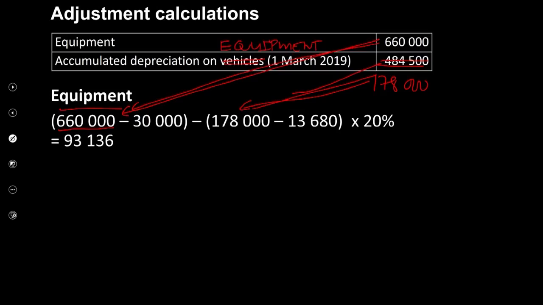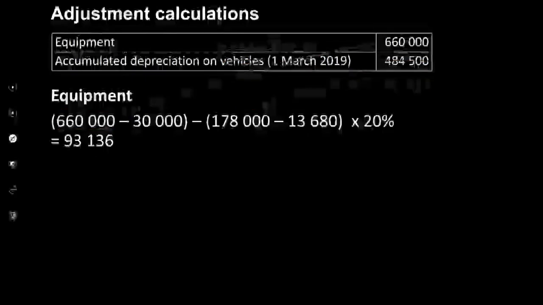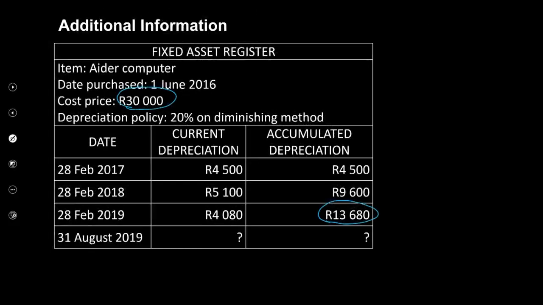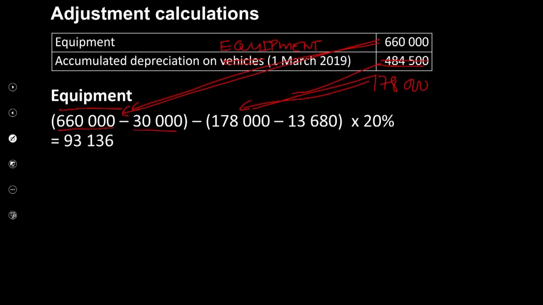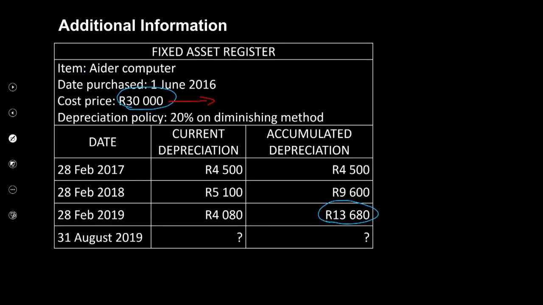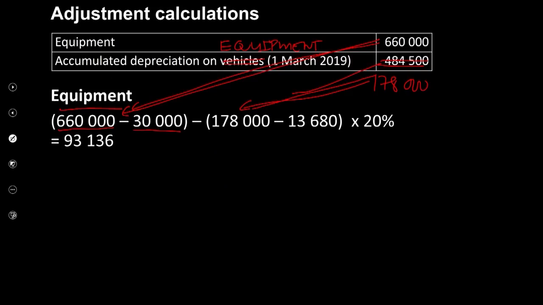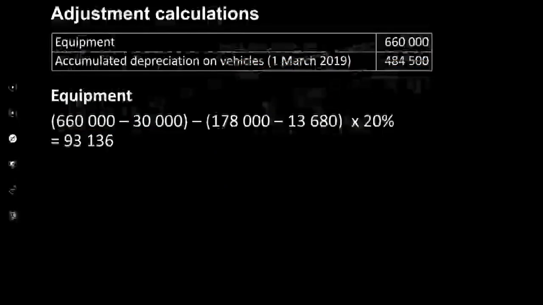There's my 178,000. Right. Now, the asset that I'm disposing of, the equipment, had a cost price of 30,000. Here we go. There's the 30,000. So, in my calculation, minus the 30,000. The accumulated depreciation on this computer was how much? There we go. 13,680. Therefore, minus 13,680. So, let's take our figures.